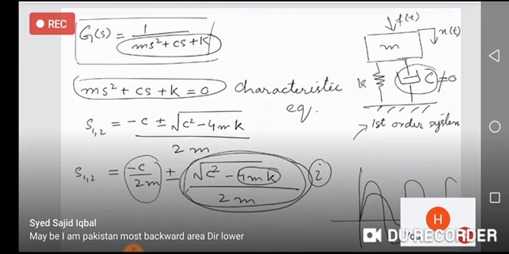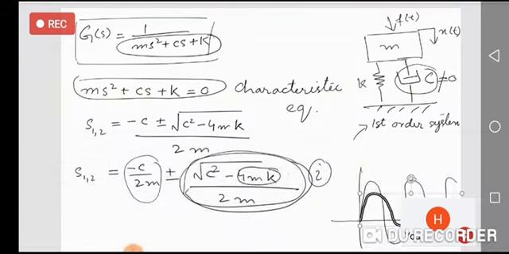In this case, our response will be gradually decreasing, or decaying, which is the proper word: a gradually decaying response of the system. So these are the first two cases. Case number 1 is the undamped response.